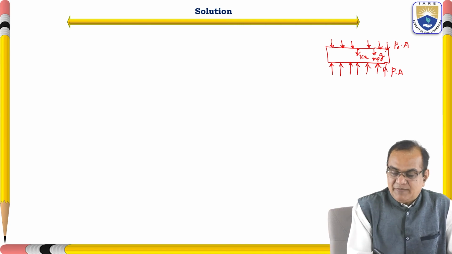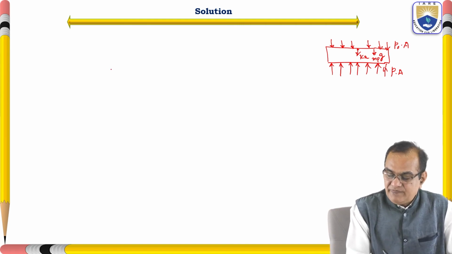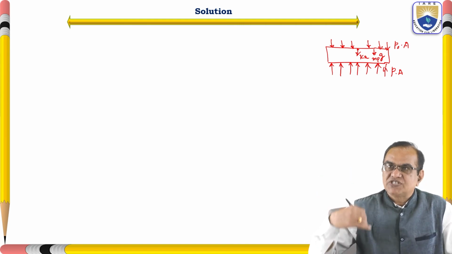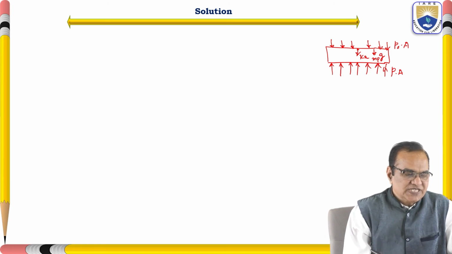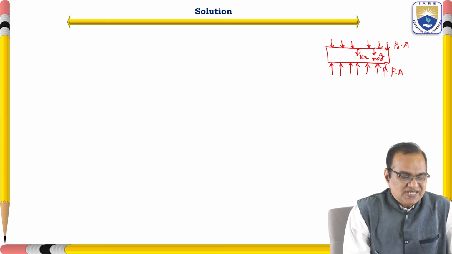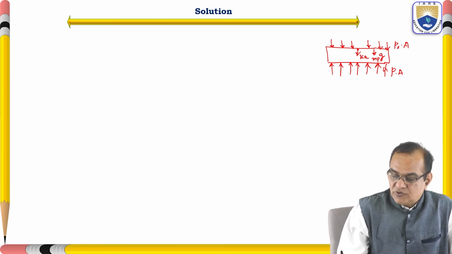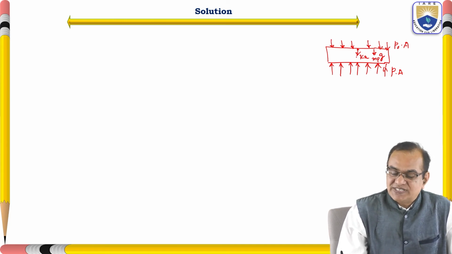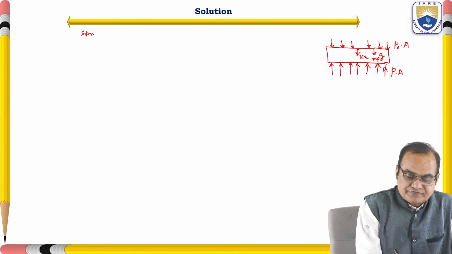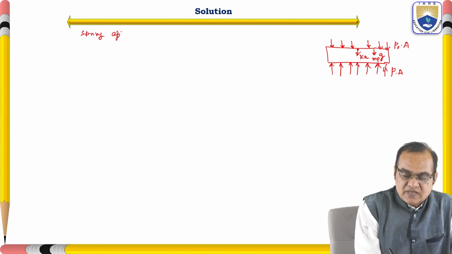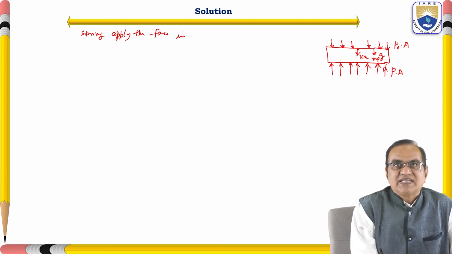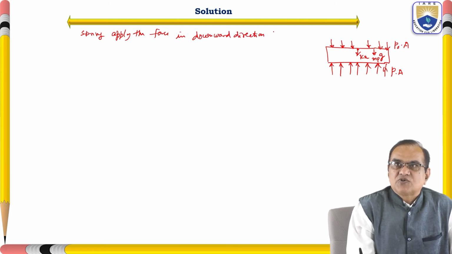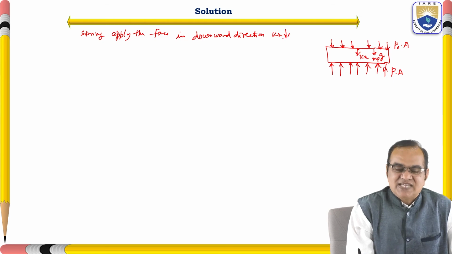So we can see here by the equation of equilibrium, the downward forces is equal to the upward forces. So the spring applies force in the downward direction. So Kx is in this direction.